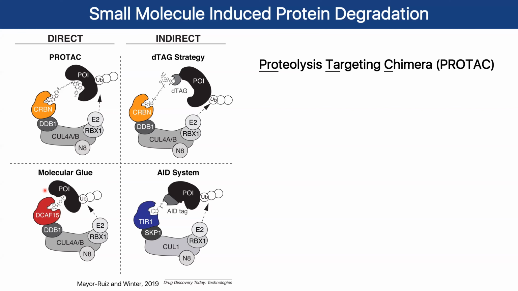So these are basically drug-like molecules, right? You basically throw the molecule directly into cells, and then it will trigger protein degradation. But developing these molecules is not easy, right? So it cannot be a general strategy to induce protein degradation.